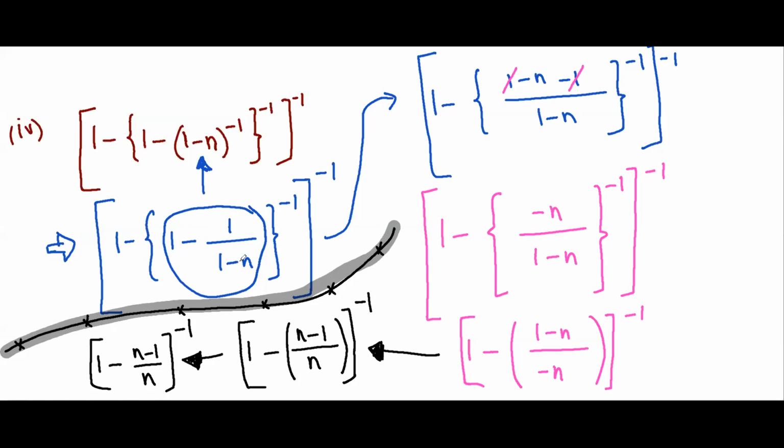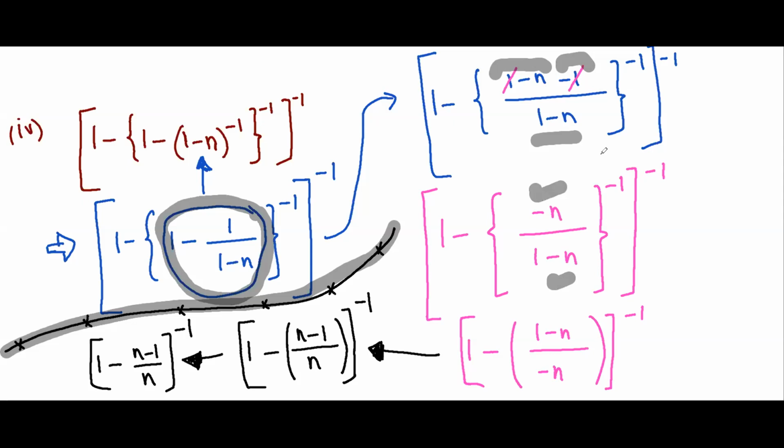So 1 minus 1 upon n. Have a look at this. 1 minus n would be the LCM. So this would be 1 minus n minus 1. This 1 and this 1 get cancelled. I am left with minus n. This is minus n upon 1 minus n.